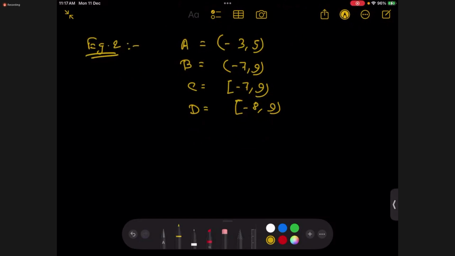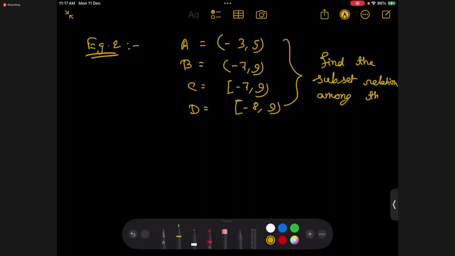The question is: find the subset relation among these sets.